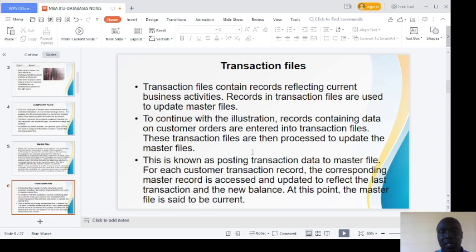For example, if it's a file containing songs, we would have song number 1, song number 2, song number 3, etc. This means that for you to play song number 4, you must access song number 1 first before you go to song number 2 or song number 3. You cannot access song number 5 directly before playing song number 1. That means the files are arranged serially.